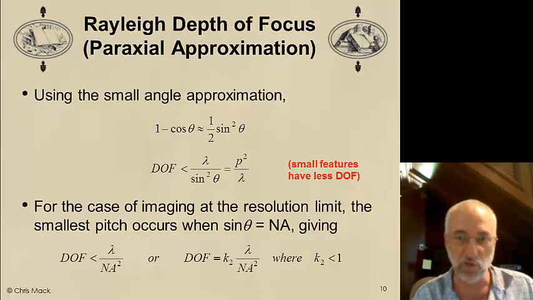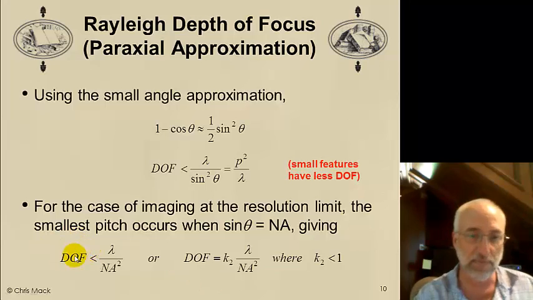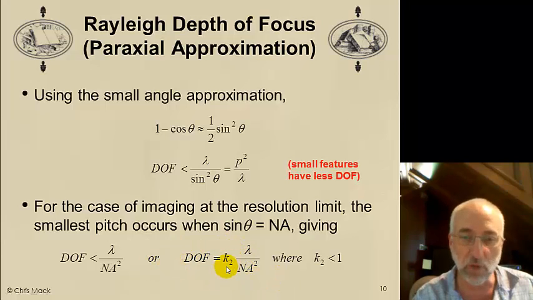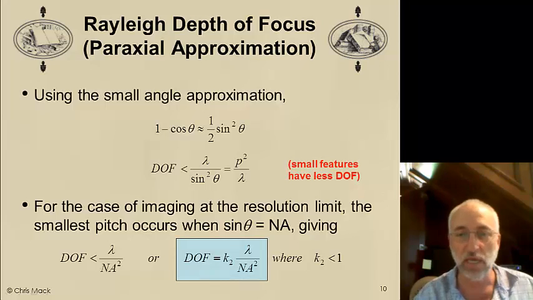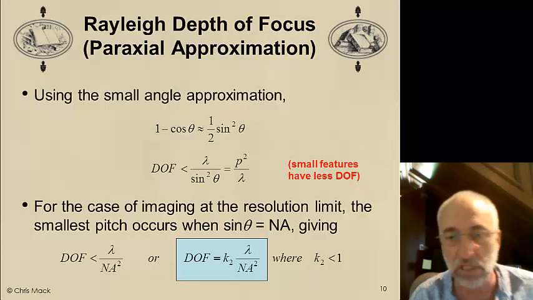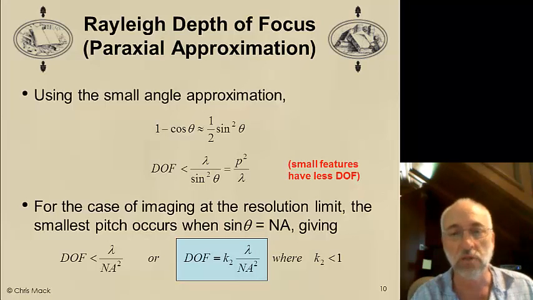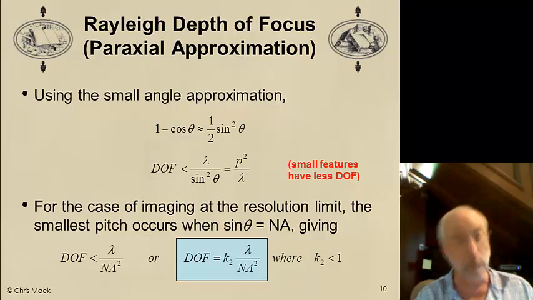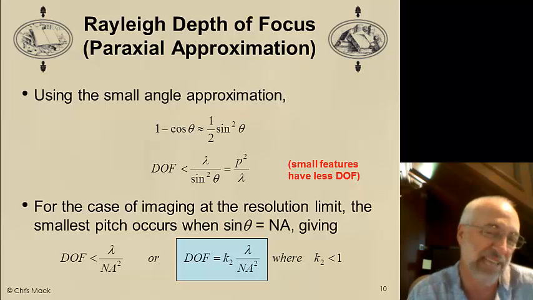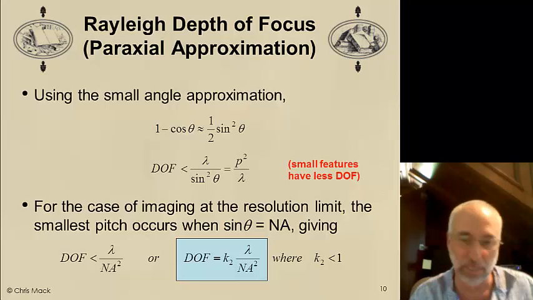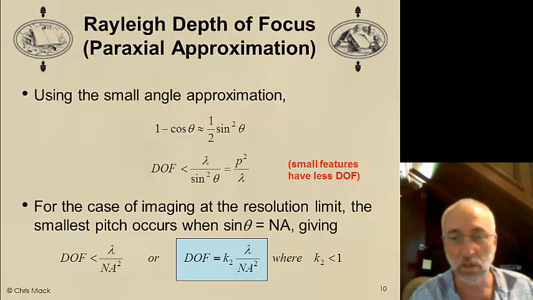So if I use the numerical aperture in place of sine theta in this equation, I find that the depth of focus has to be less than lambda over NA squared, or what we commonly do is throw a proportionality constant K2 to make it an equal sign, and we see that the depth of focus is some constant K2 times lambda over NA squared, where we know that K2 has to be less than 1. Maybe it's 0.8, 0.7, something, but we know it has to be less than 1.